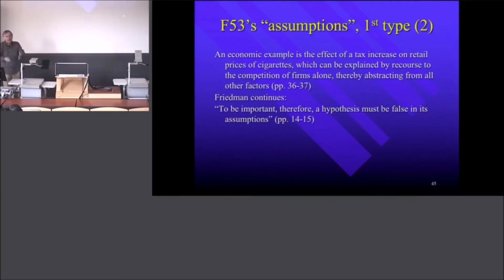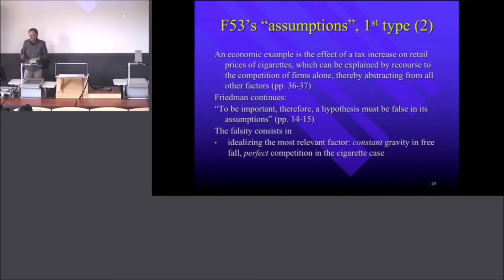That's the leading factor. Like in the gravitational example, you can even abstract from the variation of gravitational force, just take gravitational force in idealized form, and then you get already the right result. The falsity consists, therefore, in idealizing the most relevant factor.